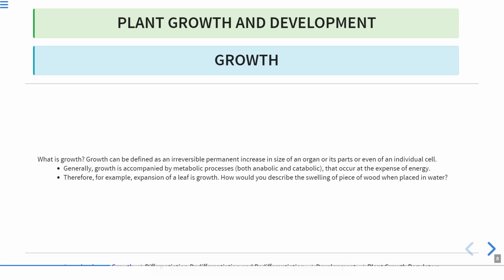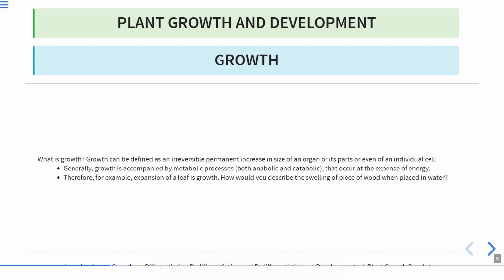This increase is not reversible, it is an irreversible process. It means once growth occurs, it never returns to its original size. So when there is growth, there is a permanent increase in size of an organ or any of its parts even.